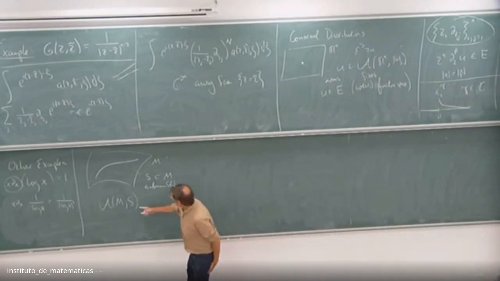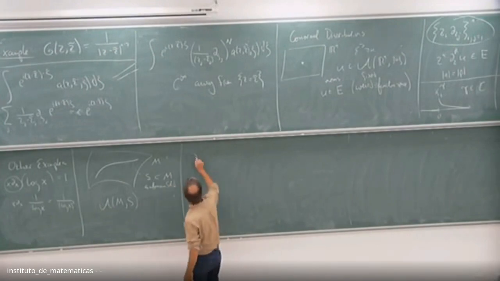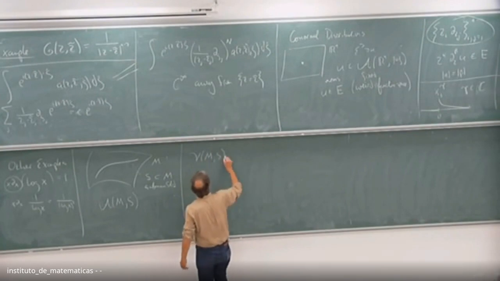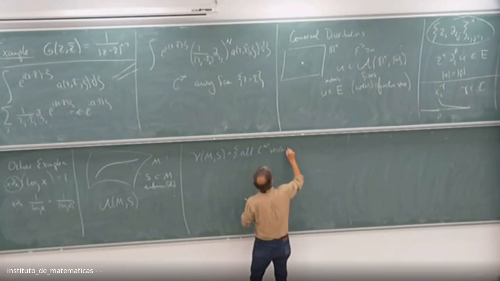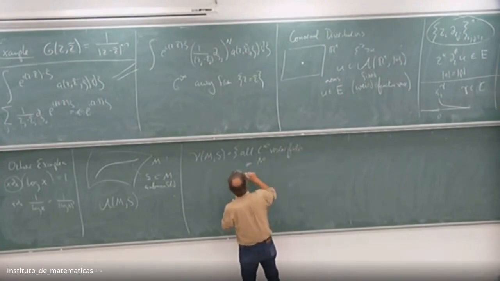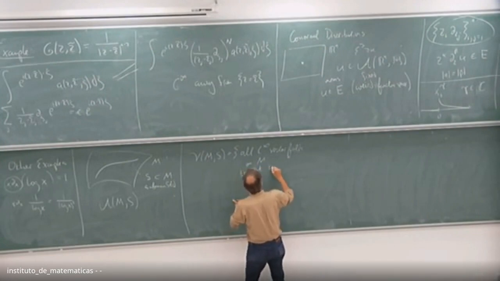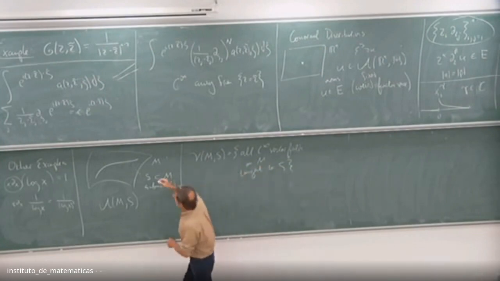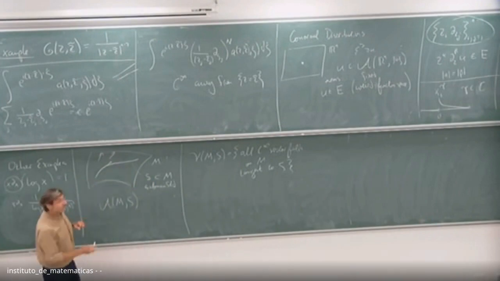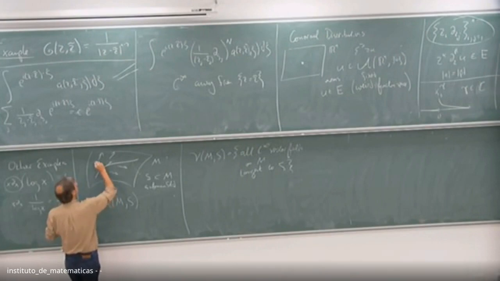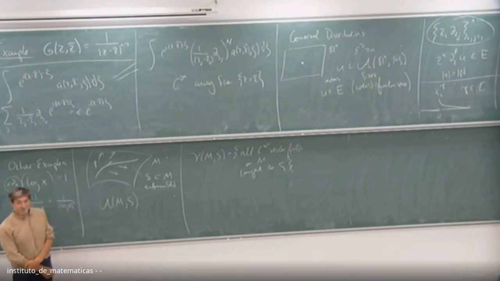So I just have to tell you what vector fields to use, and I'm going to define V of M sub S to be the set of all C infinity vector fields on M which are tangent to S. Okay, so away from S, they can be anything, but when I'm along S, they're tangent to it. So that's a restricted set of vector fields.